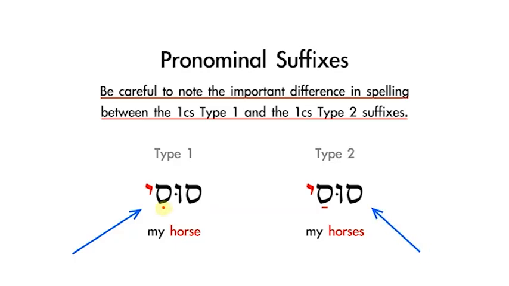In the first example, we have a heric yod that is the 1CS type 1 suffix. But in our second example, susai, we have a pathic yod as the 1CS type 2 suffix. This distinction is very important because one of them, susi, is singular and the other, susai, is plural. At first, these two forms can be easily confused.